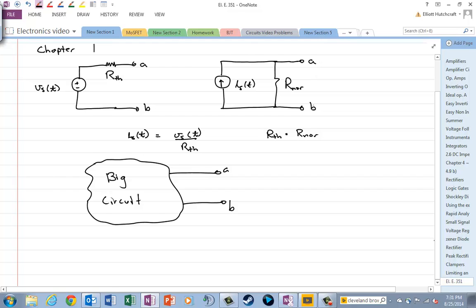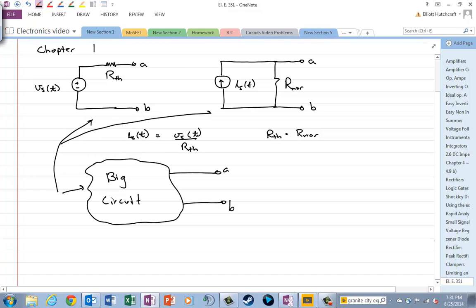Whatever you have in that big circuit, it could have independent voltage and current sources, resistances, dependent voltage and current sources, and you want to know what's going on at terminals A and B, you can always simplify this big circuit into one representation or the other.